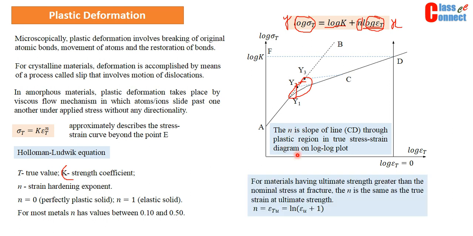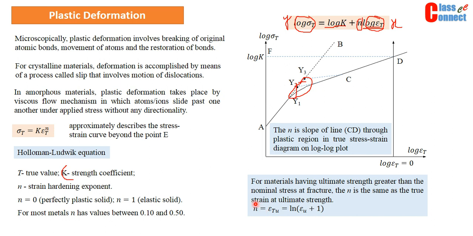There is another important conclusion from this curve, though it is not clearly visible here, but we will be discussing this aspect as well in the next lecture. For most of the materials where ultimate strength is greater than the nominal stress at fracture, n is the same as the true strain at ultimate strength.